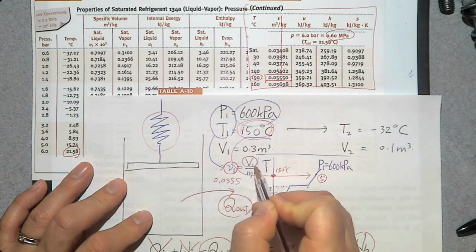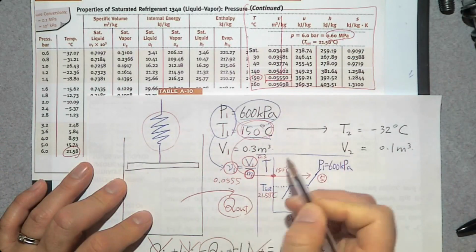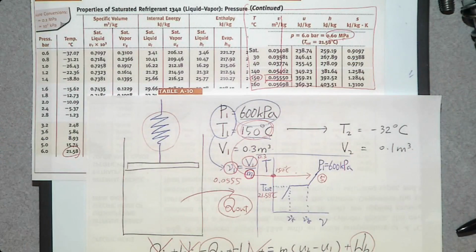And the actual volume is 0.3. Now, can you determine the mass? Yes, you can. V1 is given. Specific volume v1 has been found from this superheated vapor table, 0.0555. Then you can determine the mass. The mass is 5.4.